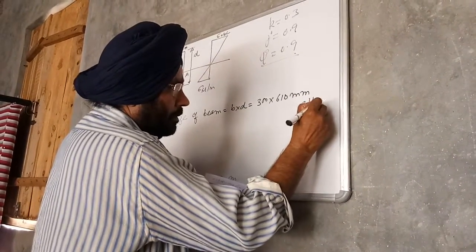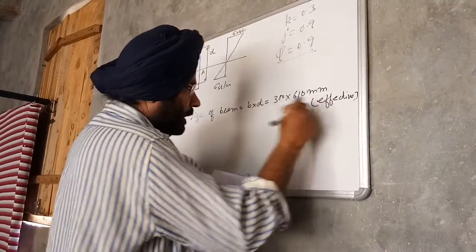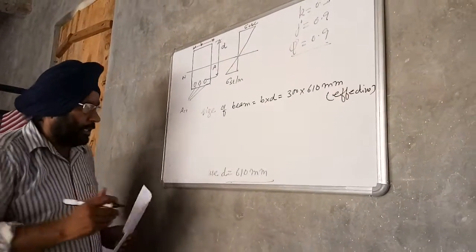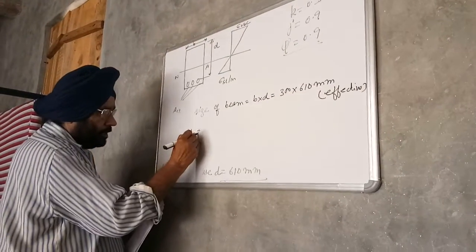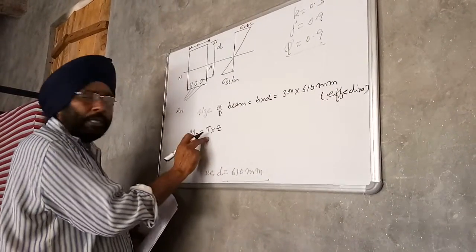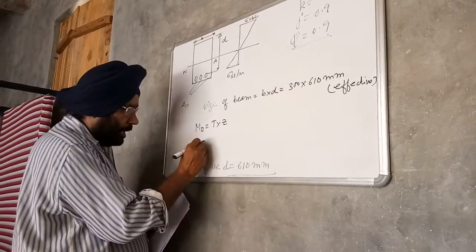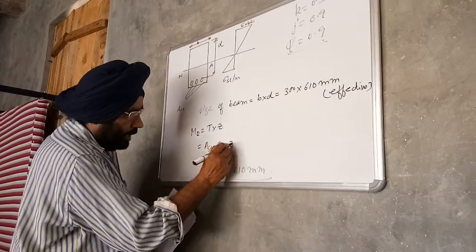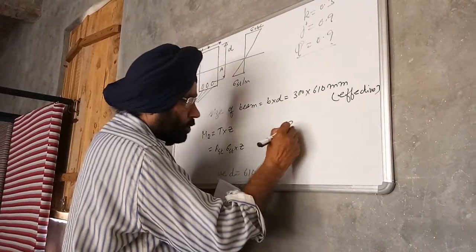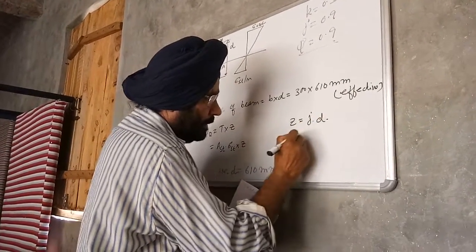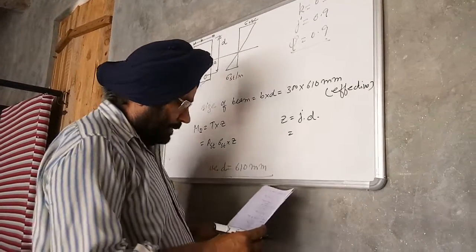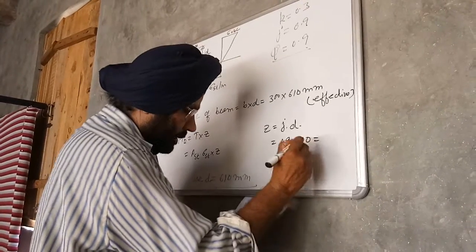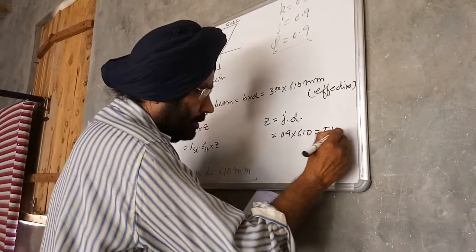Effective depth, that means. Then the area of the steel. To determine the area of the steel, the moment of resistance of the section is equal to T into Z, where T is the total tensile force and Z is the lever arm. So the tensile force is equal to AST into sigma ST, and Z is the lever arm, so Z is equal to JD, where J is the lever arm constant with a value of 0.9, D is 610, so Z is 549.